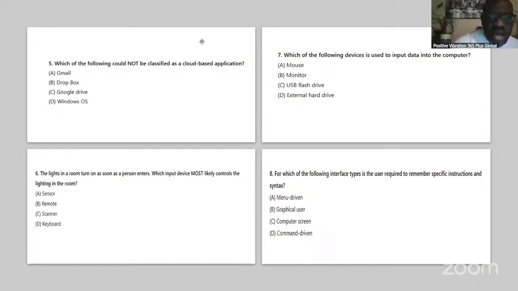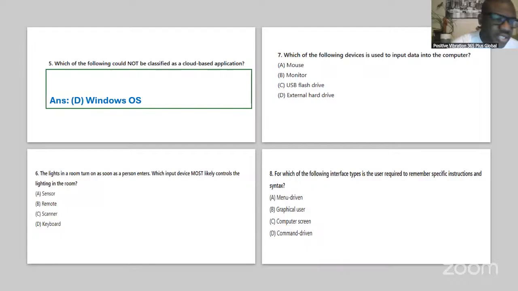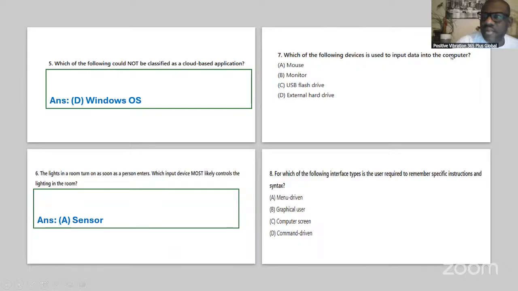All right, ready to move on? So number 5, which of the following could not be classified as a cloud-based application? D, Windows operating system. Number 6, the lights in a room turn on as soon as a person enters. Which input device likely controls this? Obviously, that has to be a sensor. The next, which of the following devices is used to input data into a computer?